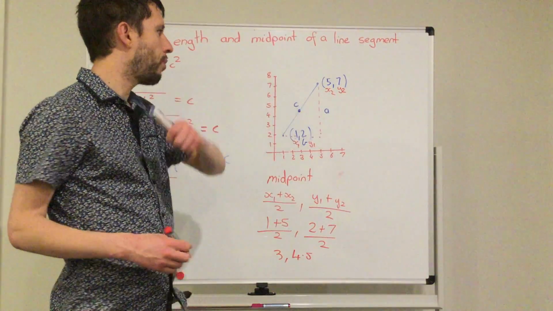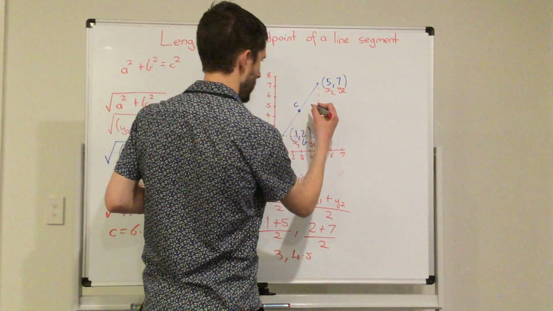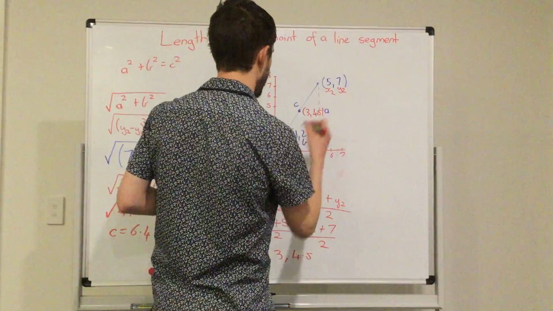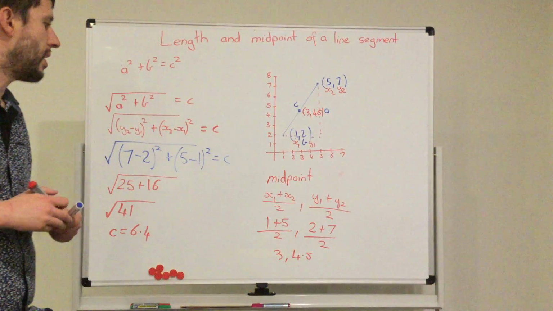So that means this point here is 3, 4.5 if I had done it accurately.